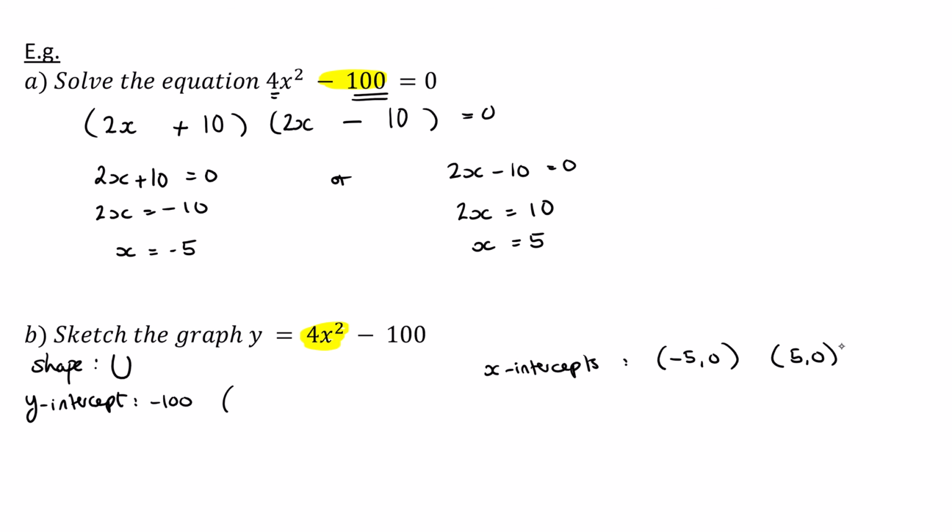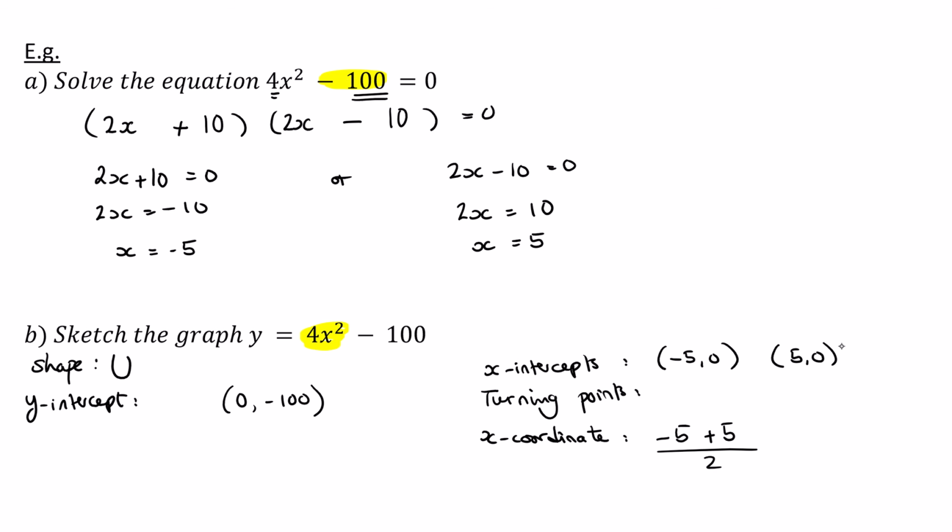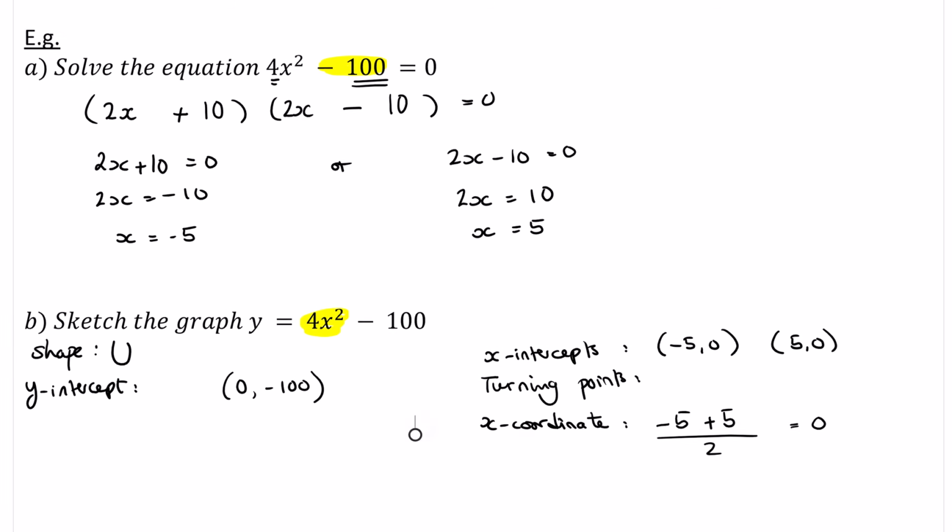It's y equals minus 100, so it's 0, negative 100. And the turning points, well, we start with the x coordinates of the turning points by finding the midpoint of these. So if I add negative 5 plus 5 and divide by 2, well, minus 5 plus 5 is 0, 0 divided by 2 is 0, so x equals 0.